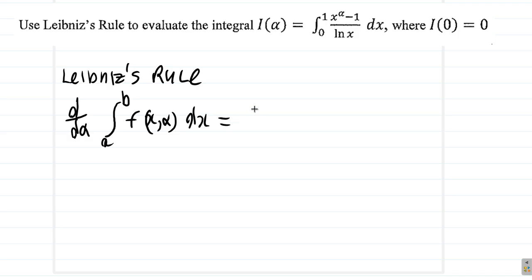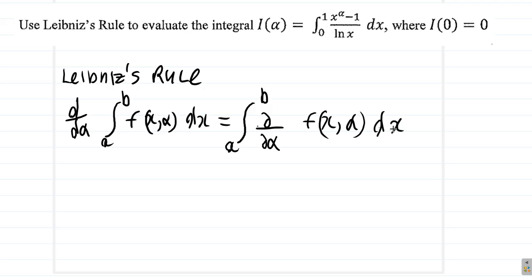This is equal to, so now what you do is differentiate under the integral sign, the integral from a to b of the partial derivative with respect to alpha of f of x and alpha dx. Alright?